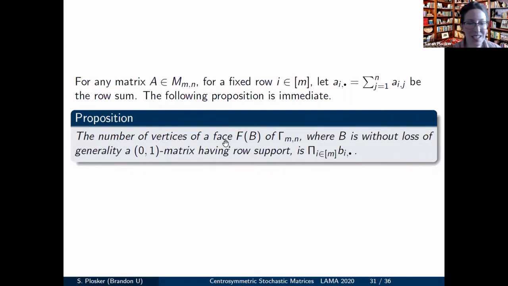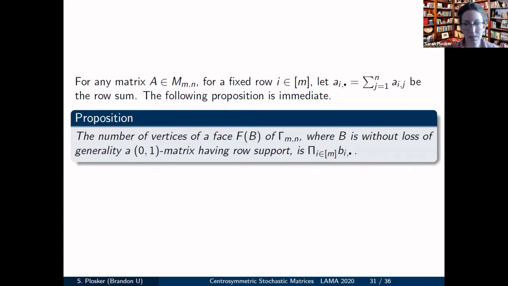So the number of vertices of a face, where B is, without loss of generality, this 0, 1 matrix having this row support, is: you take the row sum of the first row and multiply it with the row sum of the second row, multiply that with the row sum of the third row, etc. So you're multiplying over all i of the B_i dots, where B_i dot is the row sum.